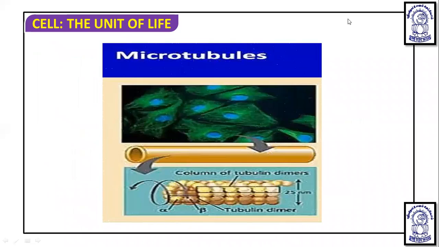Let's continue with the next one, the microtubule. Microtubules are also filamentous proteinaceous tubular structures, found in the cytoplasmic matrix of a eukaryotic cell.